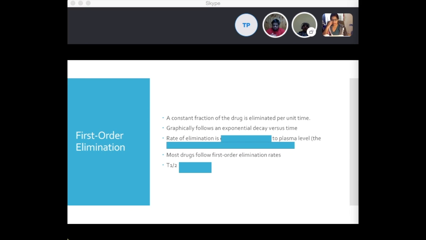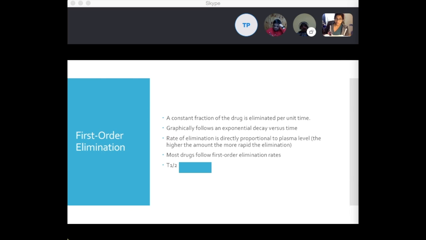So here, how is the rate of elimination related to plasma concentration? It is dependent on the plasma level. Yes. It's dependent, directly proportional. So the higher the amount, the more rapid the elimination. So we had our exceptions for zero order elimination.